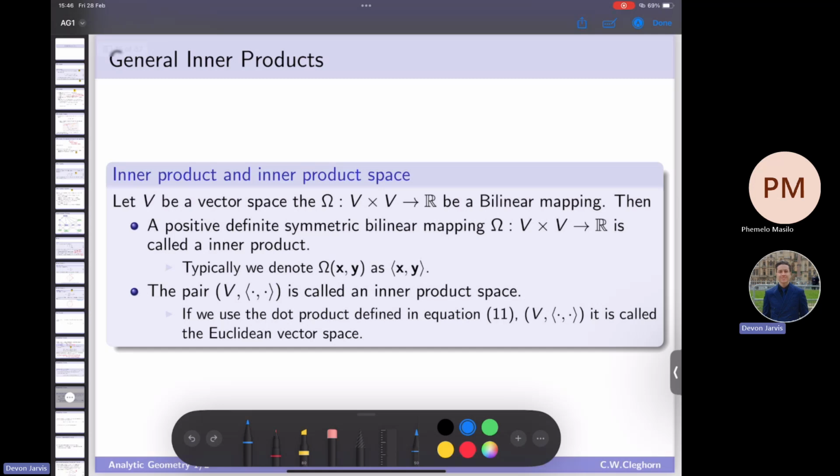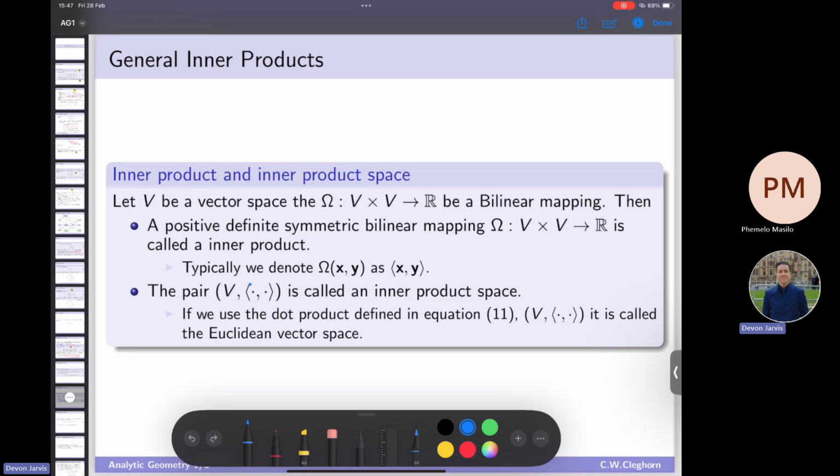Then we get the inner product and inner product spaces. So let V be a vector space with a bilinear mapping, omega. Then a positive definite symmetric bilinear mapping, so all three of the properties we just spoke about, is called an inner product. It's often denoted as that. The pair of a vector space plus this operation is called an inner product space.